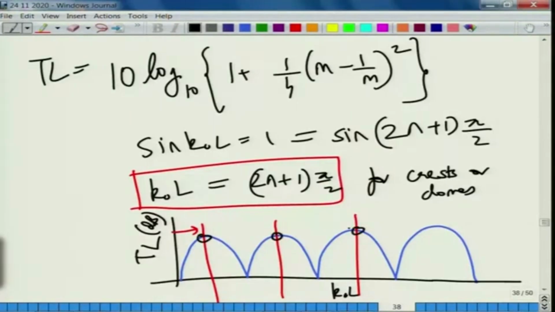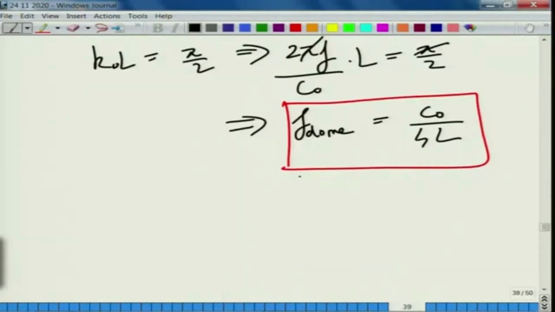What is the next frequency? When you set n is equal to 1, 2, 3, 4 like this, for the next frequency you get 3 times that. Let me call this Fn. It will be obtained by putting (2n plus 1) times C naught by 4L. Where n is equal to 0, that is your first one, you get C naught by 4L.